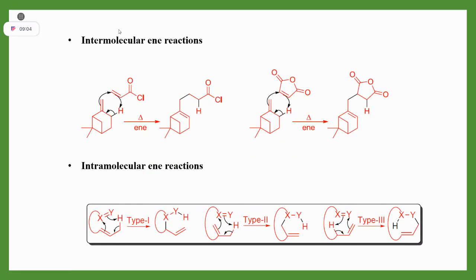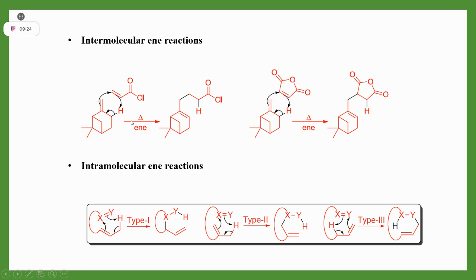So let's see the first, intermolecular ene reaction. Till now you know the basic mechanism of how these reactions work. If there are two components, then the reaction is termed an intermolecular ene reaction. Hydrogen will transfer from here, right?